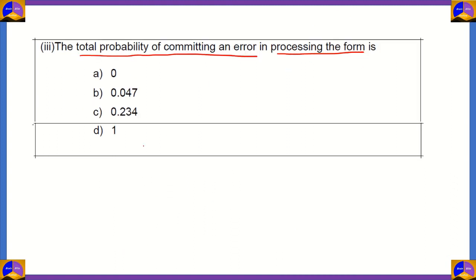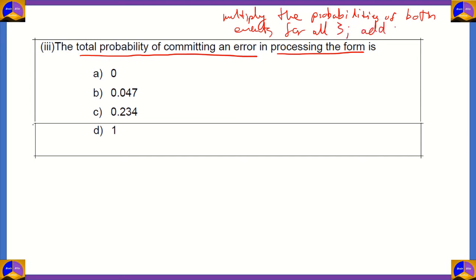So, in this question, we will multiply the probabilities of both events for all three people, then we add them up.